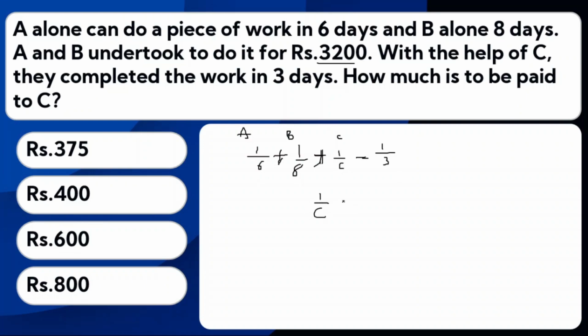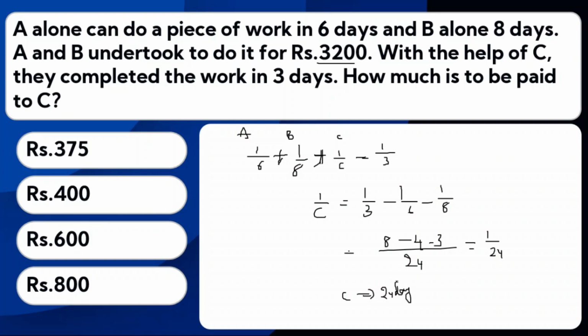So 1 by C equals 1 by 3 minus 1 by 6 minus 1 by 8. Just take the LCM as 24, and 3 cancelled here 8 times, minus 4 times, minus 3 times. So the answer will be 1 by 24. So C can complete the work in 24 days.